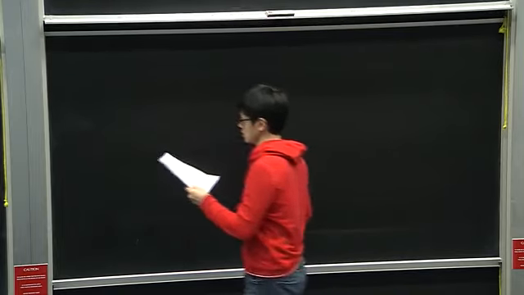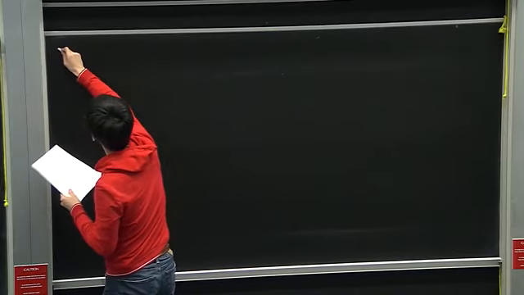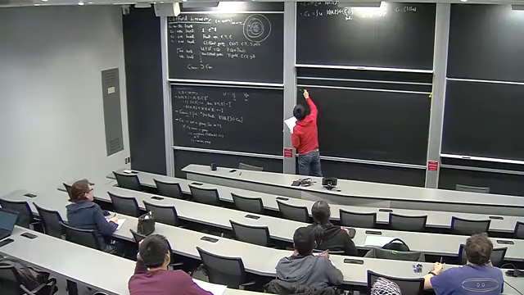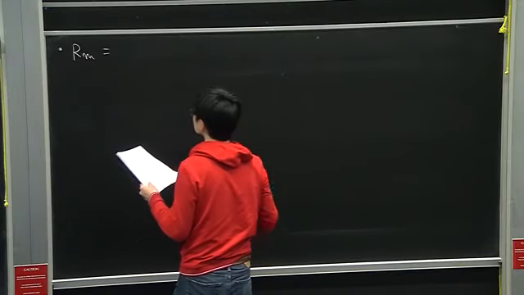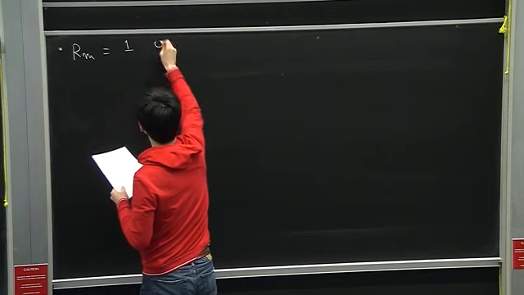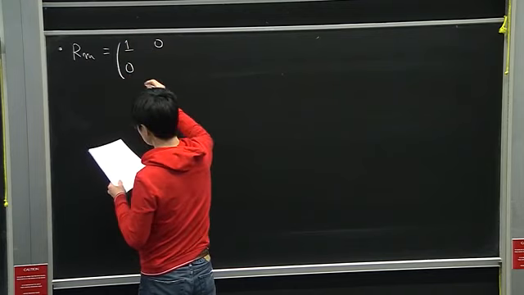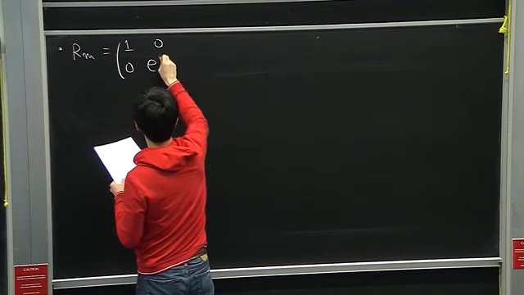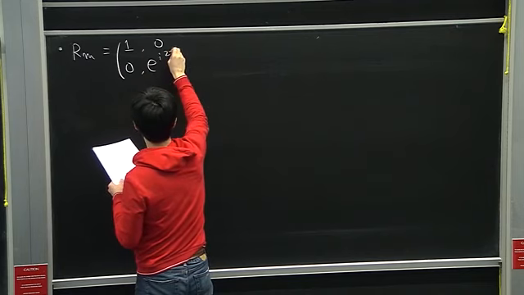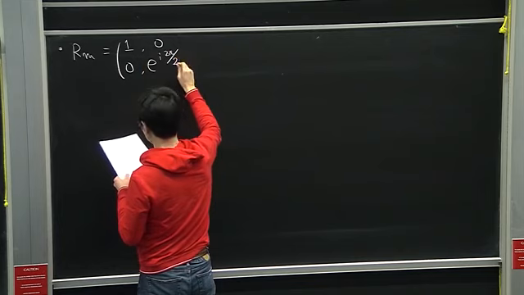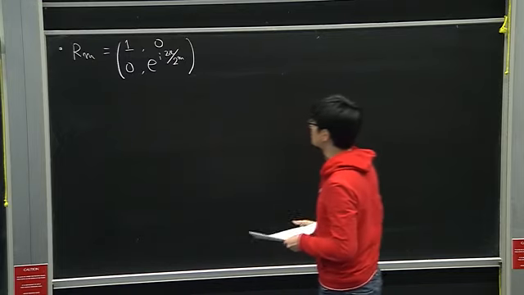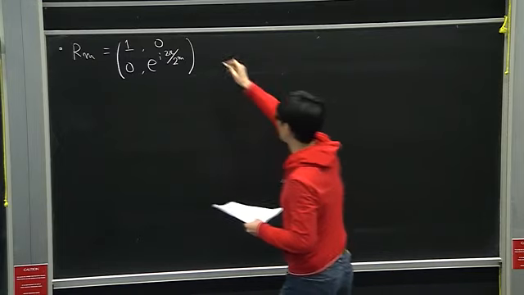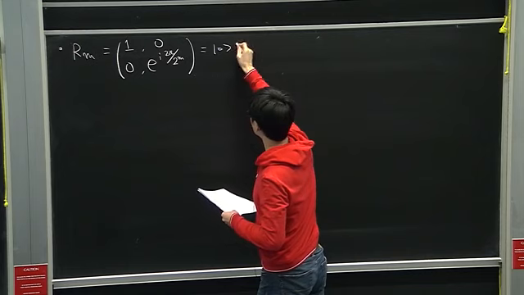Let me begin with some family of single qubit gates, which is called Rm. This is a single qubit operator which is diagonal, and it's a phase gate. It's defined like this, so maybe I can explicitly write it down.